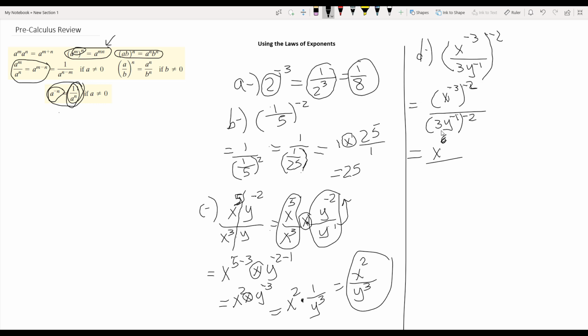Here you have to do the same process, but you have a coefficient in front of this term here. So you have to first do something with the 3. You have to multiply that 3 by the negative 2, and then you have to do the other part, which will be the y.